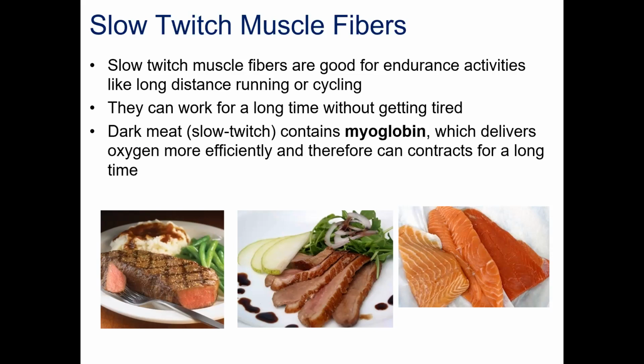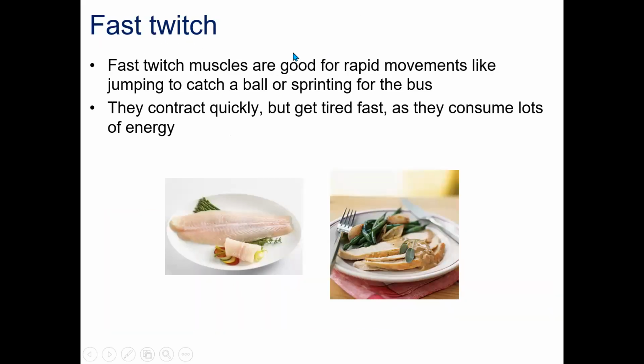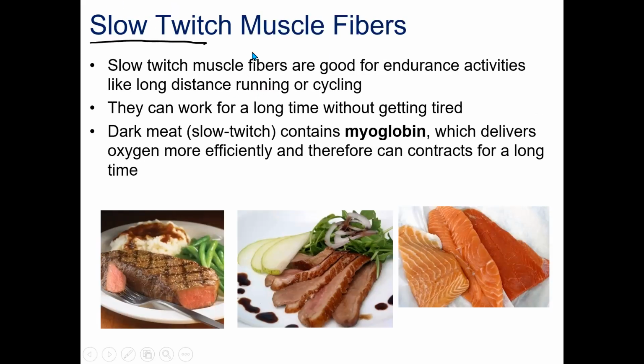Well, it all comes down to the percentage of what we call slow twitch fibers versus fast twitch fibers. Slow twitch fibers are good for endurance activities. They can contract for a very long time without getting tired.